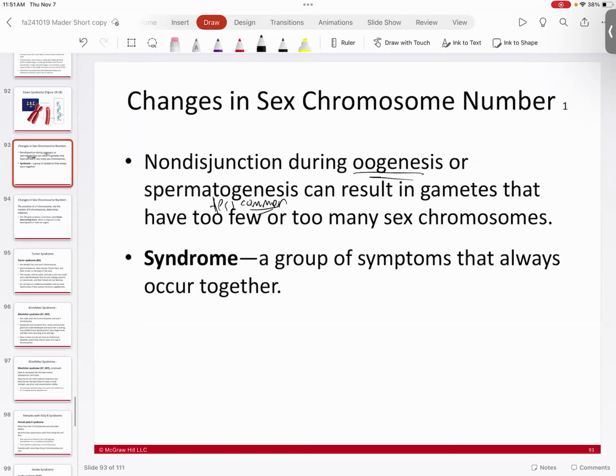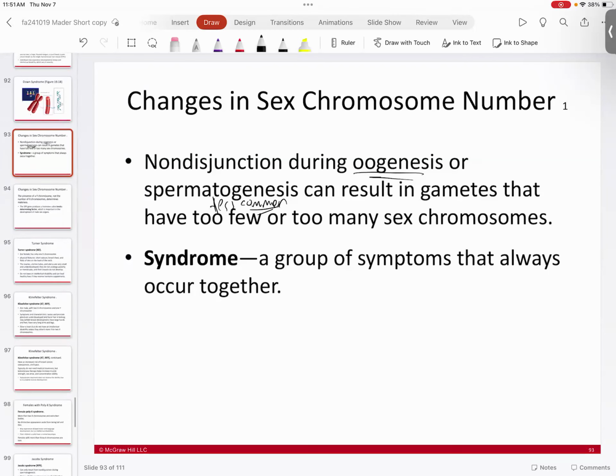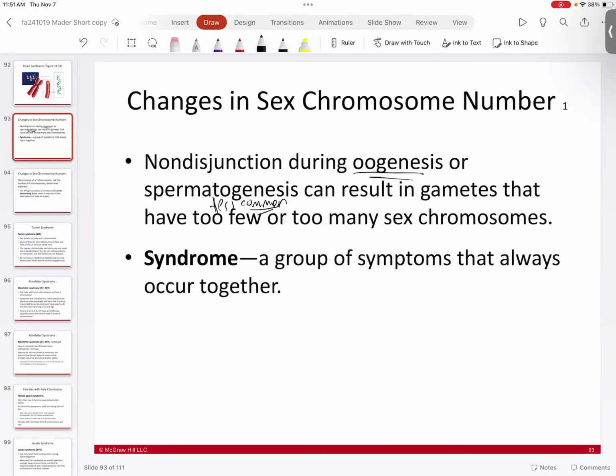And the idea is that the reason why there's this maternal age effect is because they think that whatever the mechanism is that keeps those eggs in stasis begins to break down as the mother gets older, and it creates more opportunities for non-disjunctional errors, which is the reason why we see a lot of non-disjunctional patterns coming predominantly from the mother as opposed to from the father, although they do occur in both, just not at the same frequency.